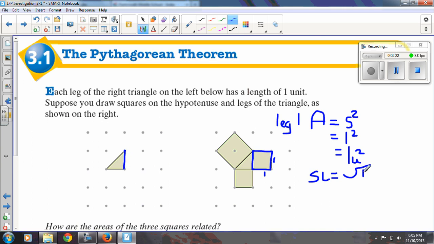But we know that the square root of 1, from our green sheet and the last investigation, is equal to 1. So I will say that the side length of leg 1 is 1 unit.